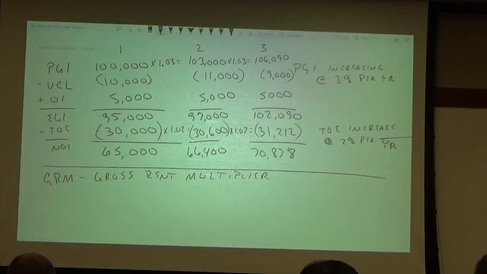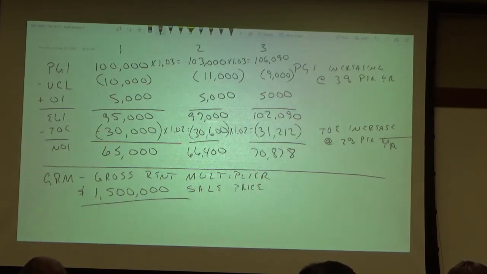So with the gross rent multiplier, pretty much what you're doing is you're saying, all right, if the property sold for $1,500,000, that's the sale price, and its potential gross income were $100,000, then the gross rent multiplier is basically going to be 15.